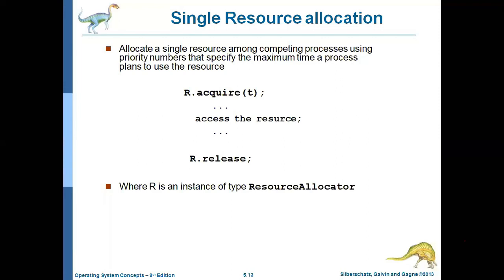Competing processes means so many processes are there, and all require only that single resource, but it will use the priority numbers specifying the maximum time a process plans to use the resource. Among those processes, the process that plans to use the resource for the maximum time, you have to give the first priority to use that resource. That is acquire, meaning accessing the resource.